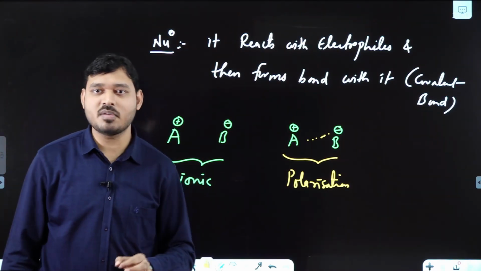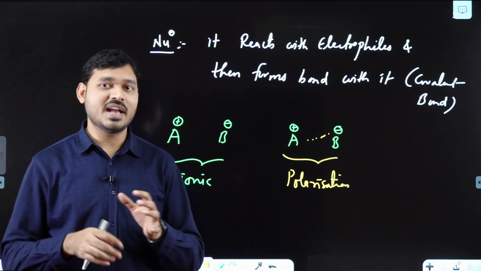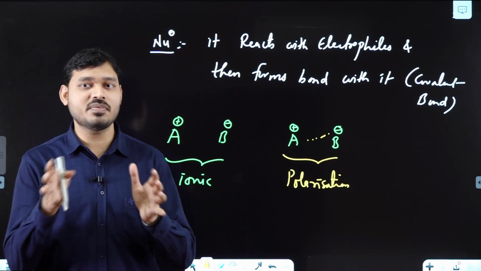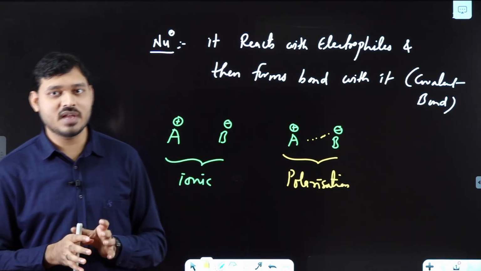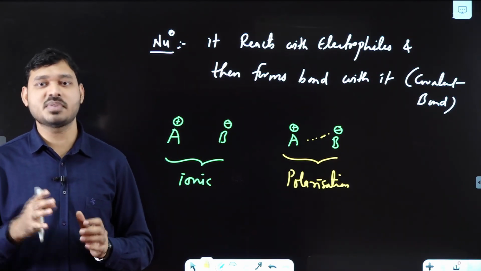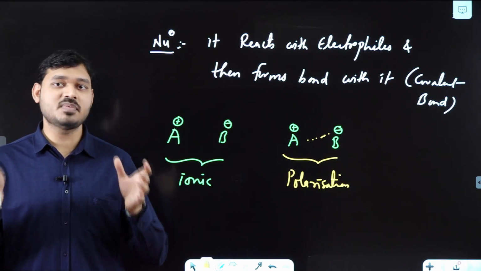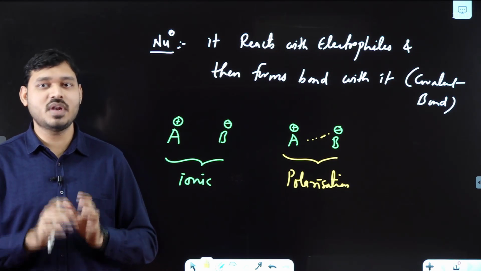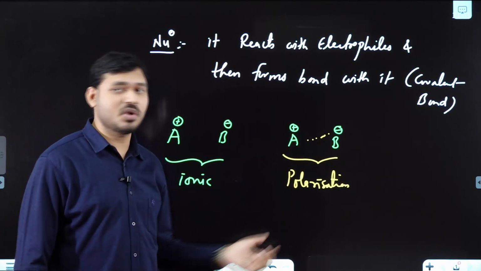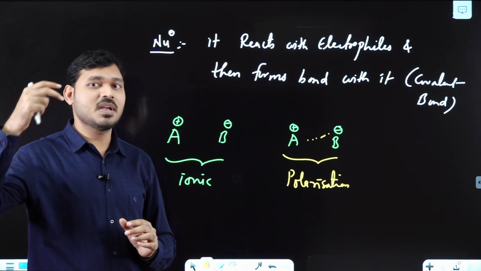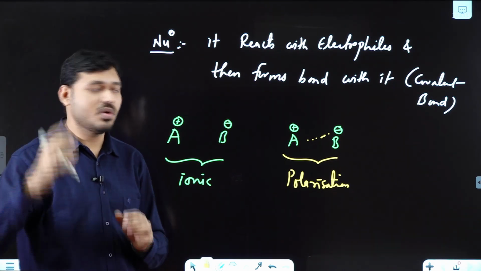Due to this phenomenon, ionic compounds are not 100% ionic in nature, there arises some sort of covalent nature. If I say NaCl, it is not 100% ionic, it is almost 85% ionic in nature, meaning there is 15% covalent nature. Why? Due to this polarization. Now when I say polarization, you can recall chemical bonding, Fajan's rule.